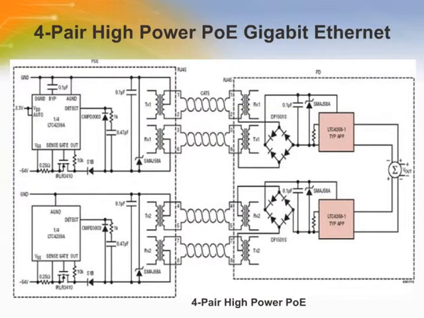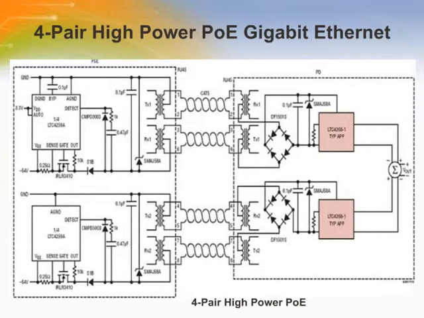4-pair high-power power over Ethernet systems deliver current to the power devices via 2 conductor pairs in parallel, allowing for an even higher level of power. This lowers the cable resistance, but raises the issue of current balance between each conductor pair.